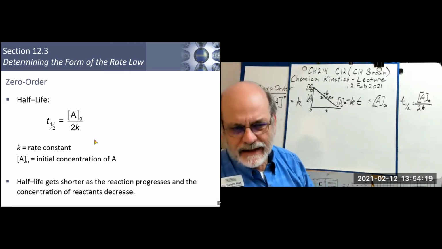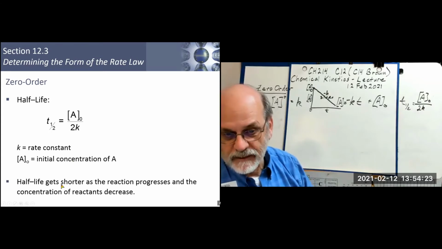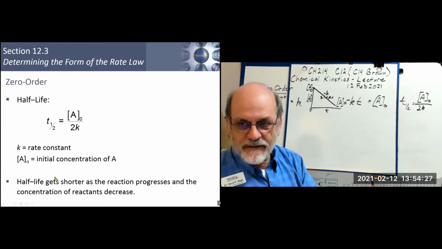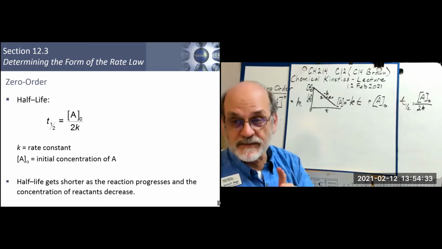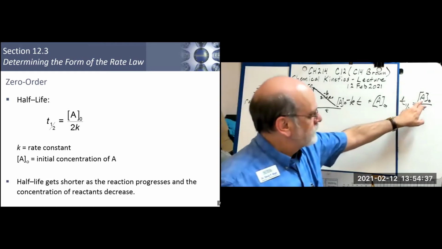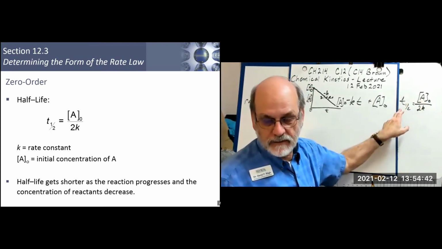So what does this expression mean? Well, in these terms, the half-life itself is dependent upon the K value, and it's dependent upon the concentration. So if you double the concentration, you double the half-life.